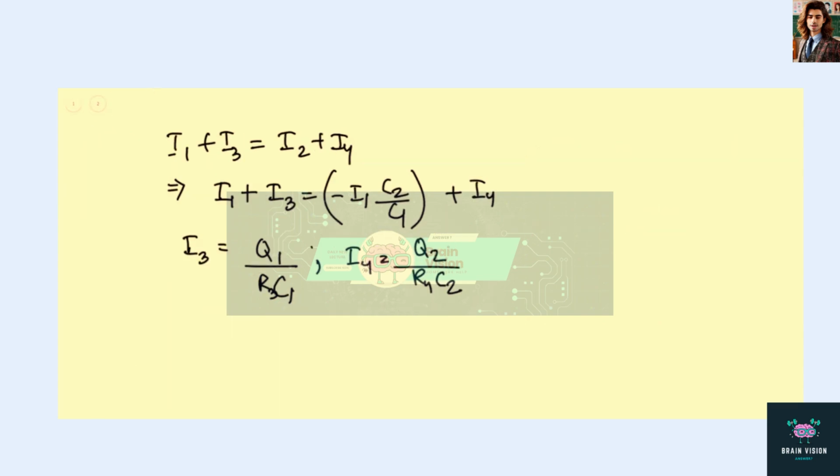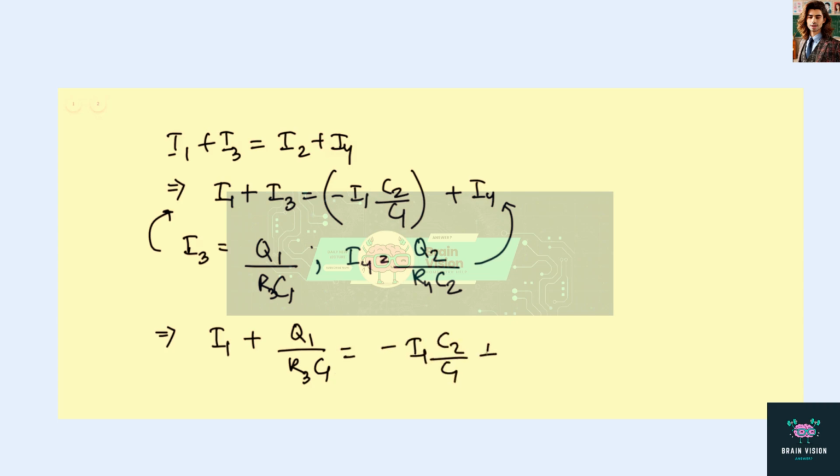Now we plug these two into this equation, and doing that we get I1 plus Q1 over R3C1 equal to negative I1 C2 over C1 plus Q2 over R4C2.